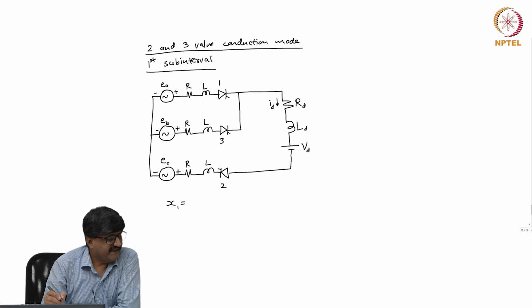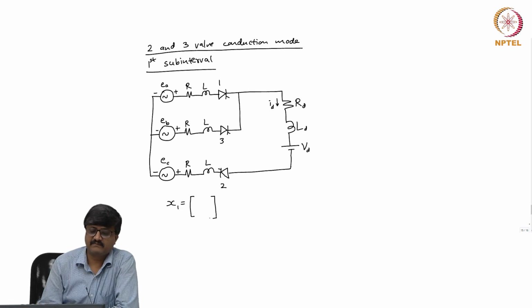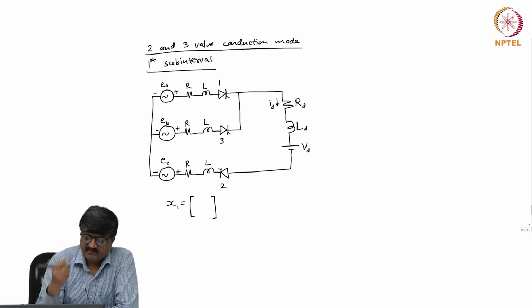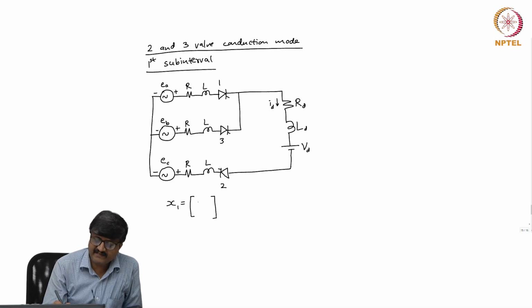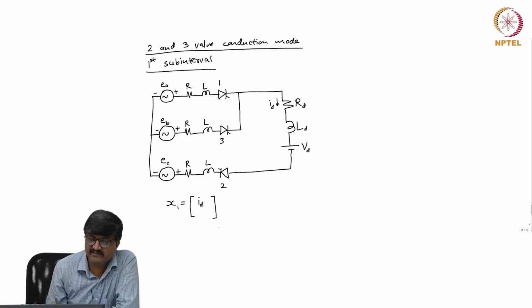So, if I take x1, what are the elements of x1? There are two loops, so there should be two elements. The first element is ID and the second element is the current in the outgoing valve.